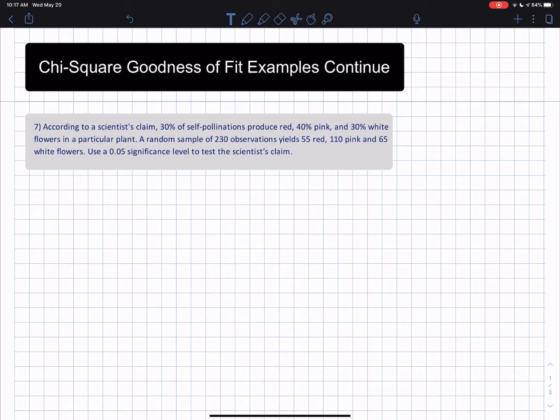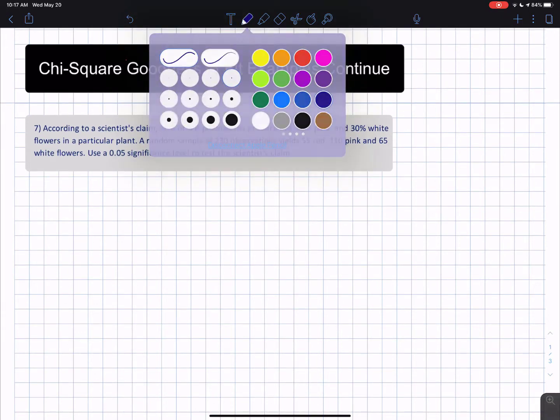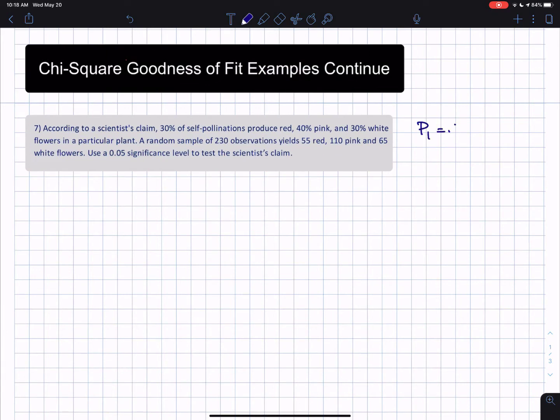According to a scientist's claim, 30% of self-pollination produces red, 40% pink, and 30% white flowers in a particular plant. So my claim here is that P1 is 30%, P2 is 40%, and P3 is 30%, and we all know this is my null hypothesis.